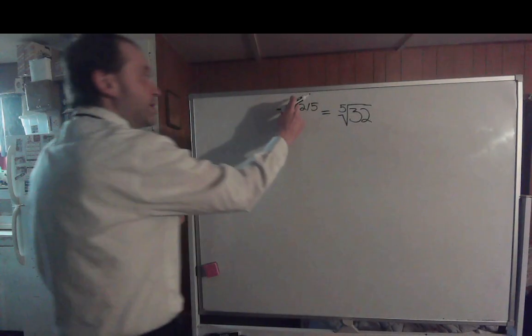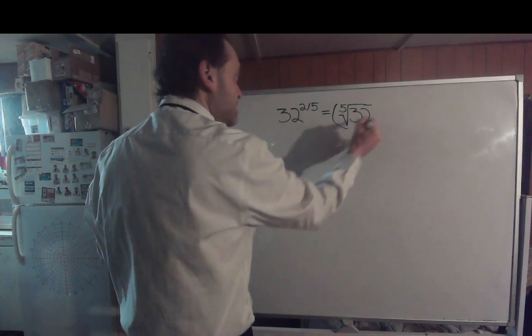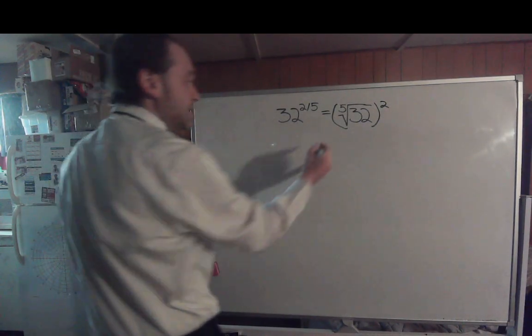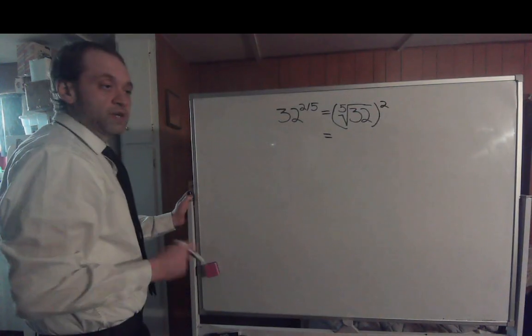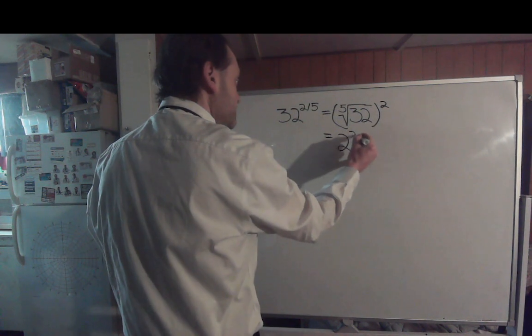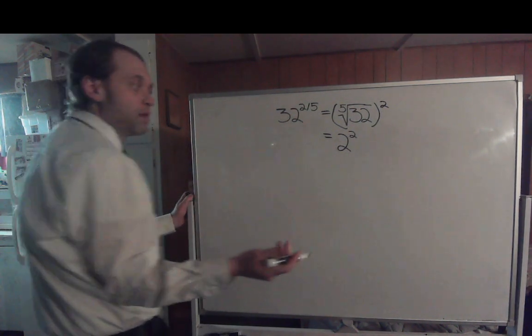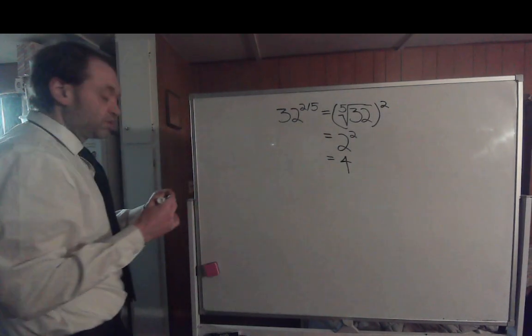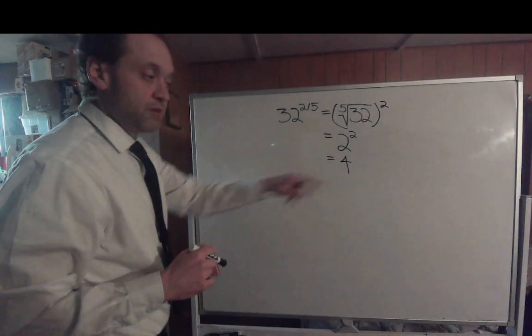And then my numerator means I'm raising the 5th root of 32, that quantity, to the 2nd power. Now, what is the 5th root of 32? Well, that'd be 2. So this would just turn into 2 to the 2nd power. 2 to the 2nd power is what? It's 4. So therefore 32 to the 2/5 power would end up being 4.